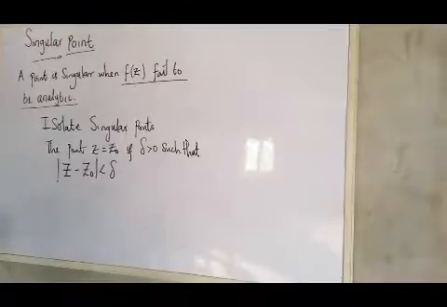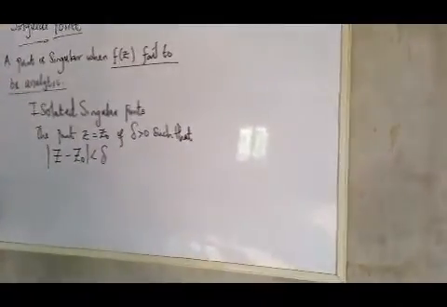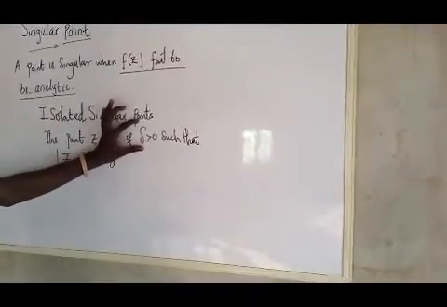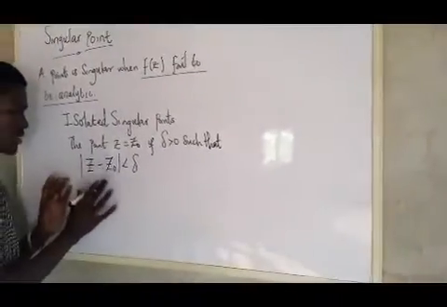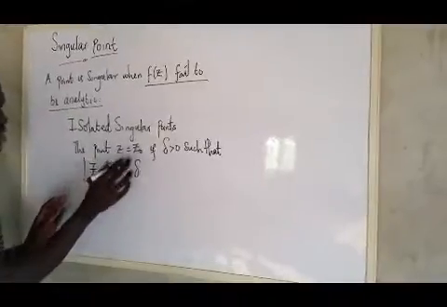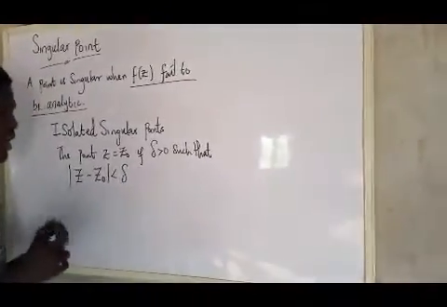Now, this is when you say a point is an isolated singular point. So if you have delta greater than 0 such that the absolute value of z minus z naught is less than what? Delta, then you say what? The point is an isolated singular point.